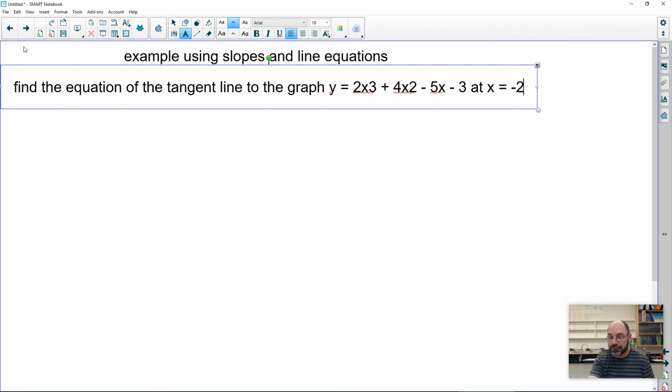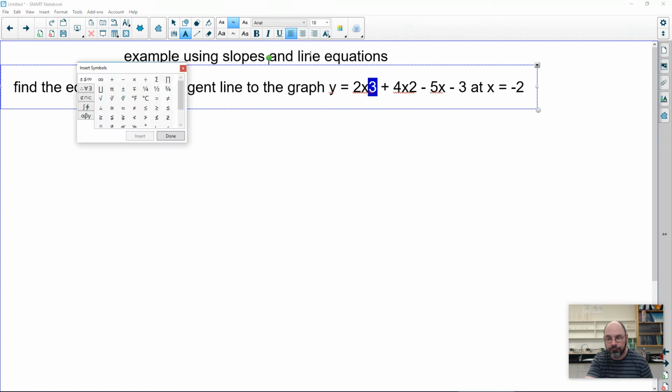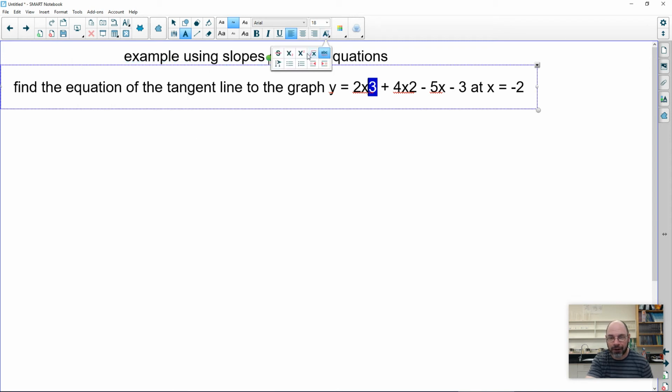Okay, so let's get these powers properly done here. No, that's the wrong one. Here we go. Let's do that again. There we go. Okay, so there's our equation.